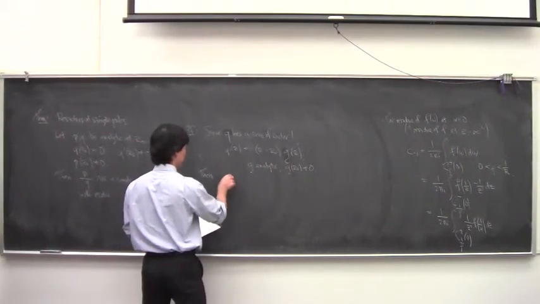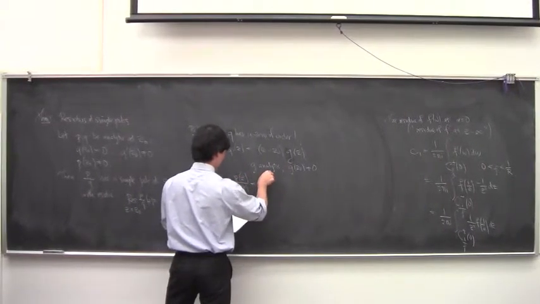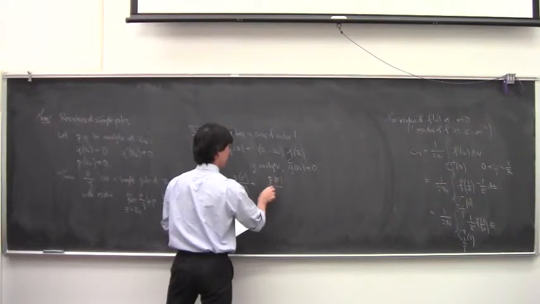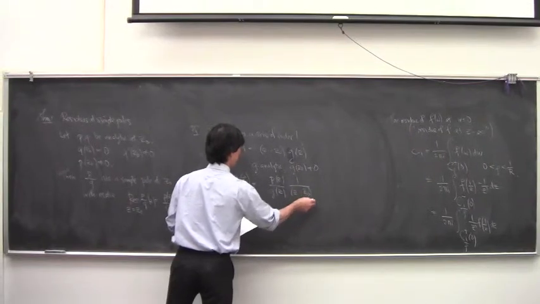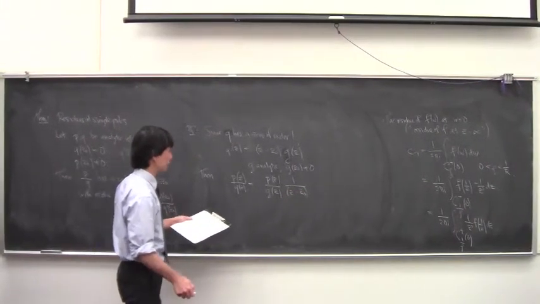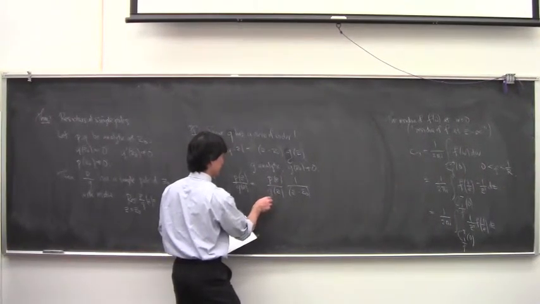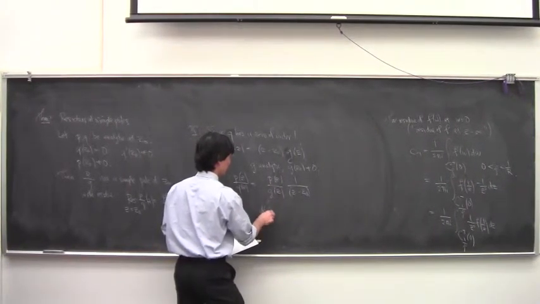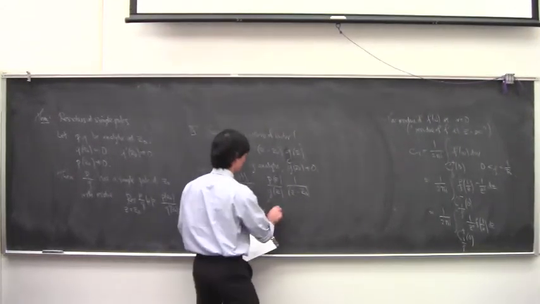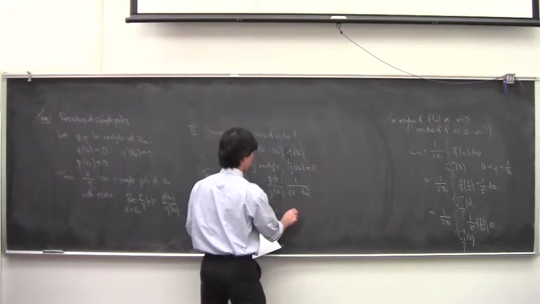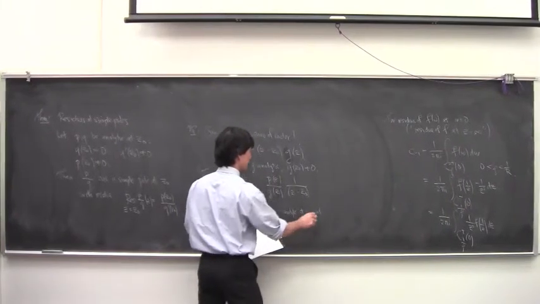Then, obviously, p over q is going to be p over g times 1 over z minus z naught, where phi is some analytic function at z naught and non-zero.